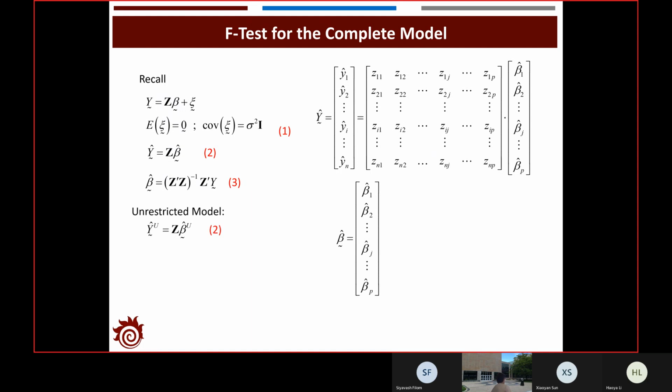Now the unrestricted model indicates that we're going to use all the P variables. We have P observed variables, such as number of persons, number of cars, employment status, and so on. We put all the variables in the model, and we define this as the unrestricted model.